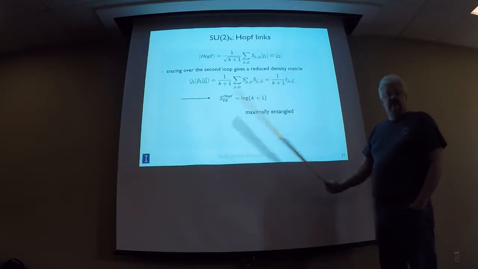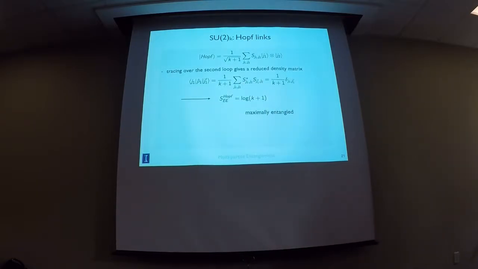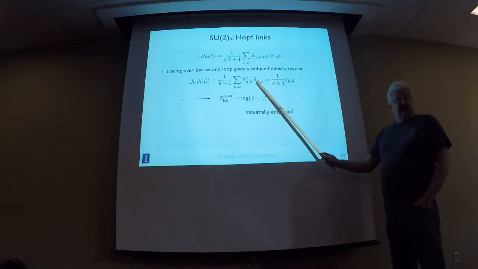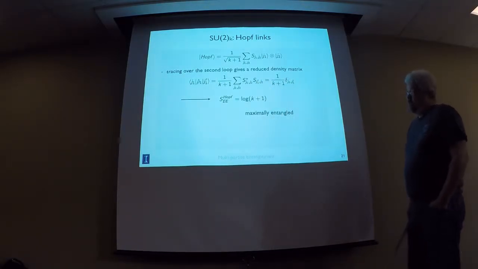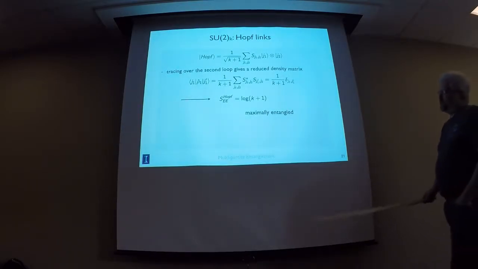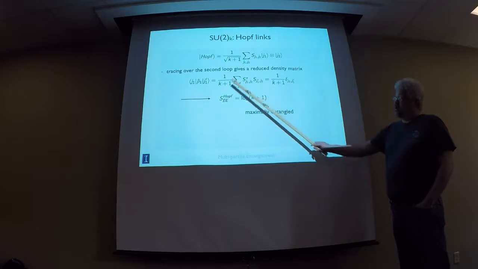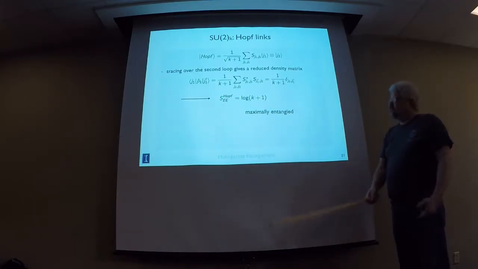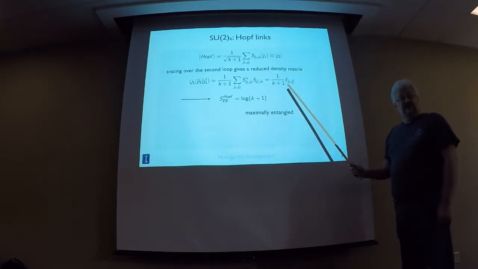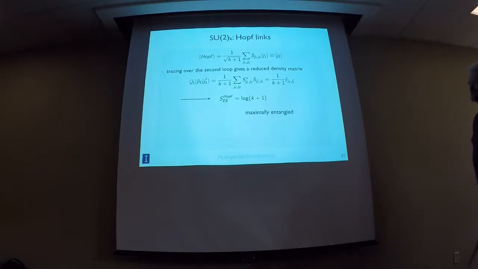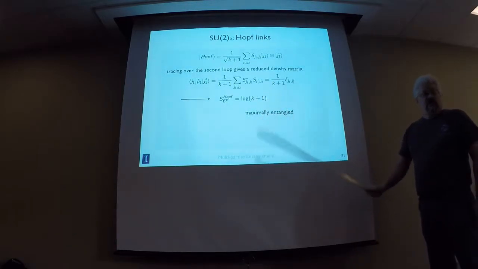This is just the J1 prime component of S dagger S. Because it's unitary, you just get that simple result. So this is not a hard computation now, because I have an explicit matrix, and it's easy to diagonalize. It's a diagonal matrix. And so you can just write down the entanglement entropy as log of k plus 1.